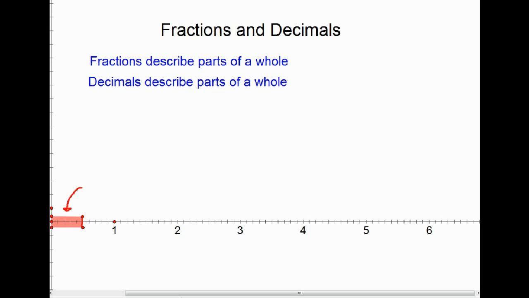So if I wanted to write that section there as a fraction, that section would be 5 out of 10, which would reduce to 1 out of 2, which makes sense because that piece there is half of a whole. So we have 1 over 2 pieces, a half there.